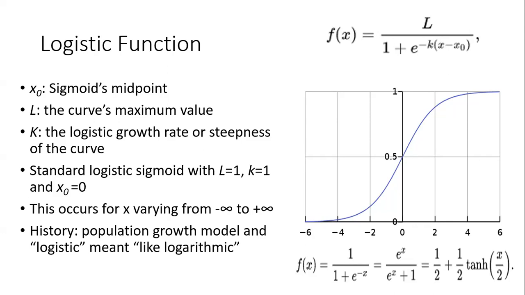So this was discovered in the 19th century, and they wanted to model how the population is growing. So the rate at which a population grows is not normal. Do you understand? The rate at which a population grows actually follows the S-shaped sigmoid curve, and they made the instance of that as the logistic function.